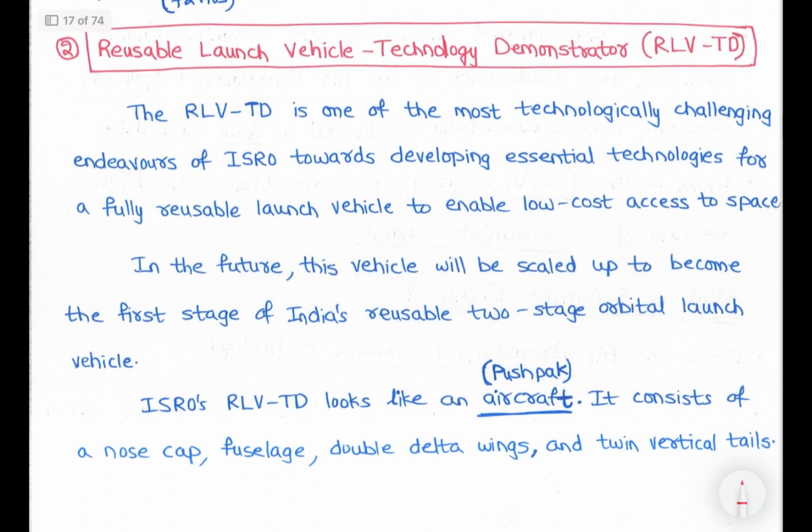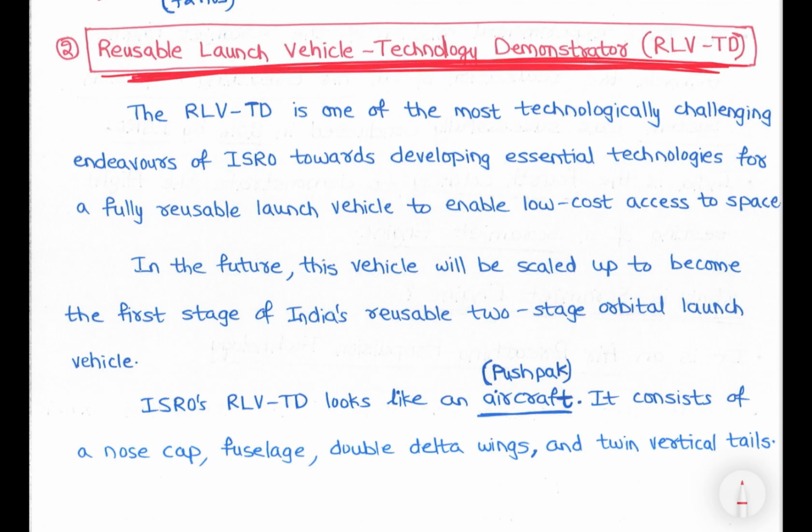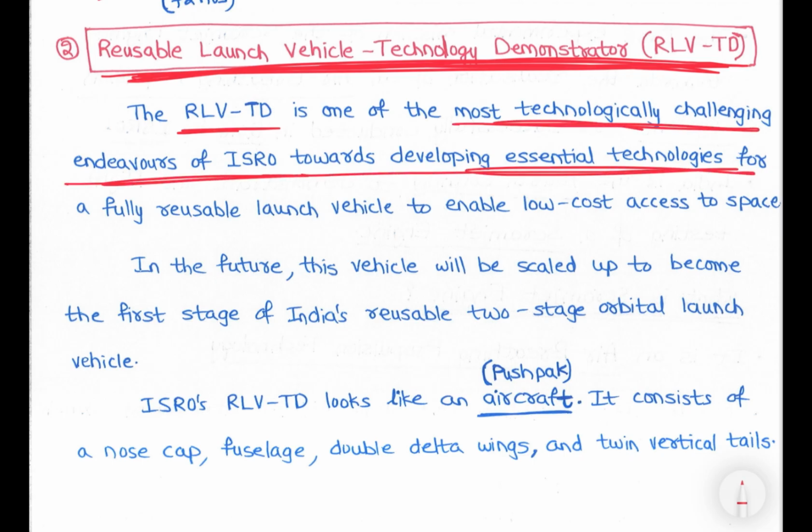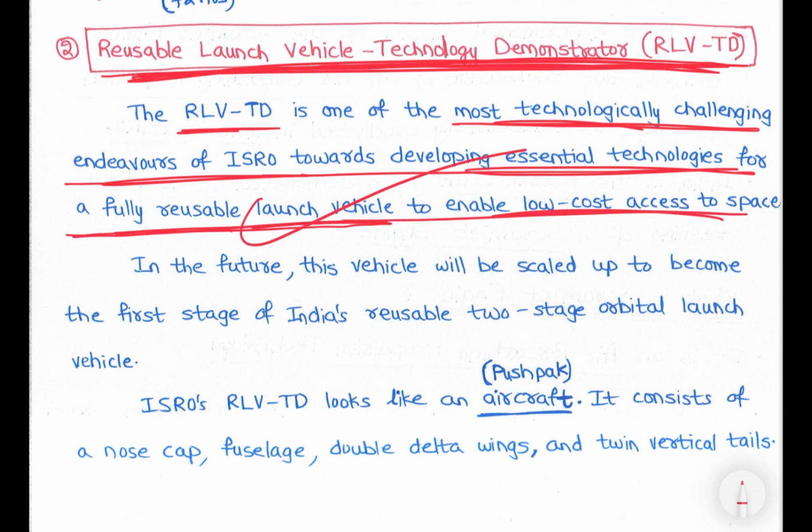Then reusable launch vehicle technology demonstration stage में, right, reusable launch vehicle, right, is one of the most technologically challenging endeavors of ISRO towards developing essential technologies for a fully reusable launch vehicle to enable low cost access to space, right.